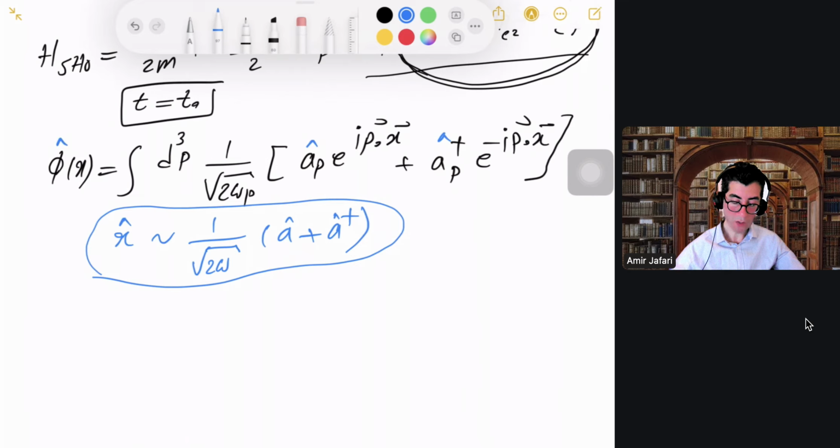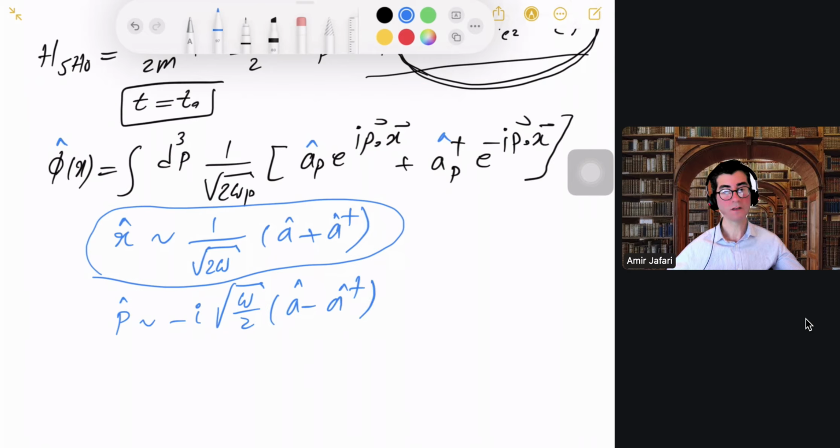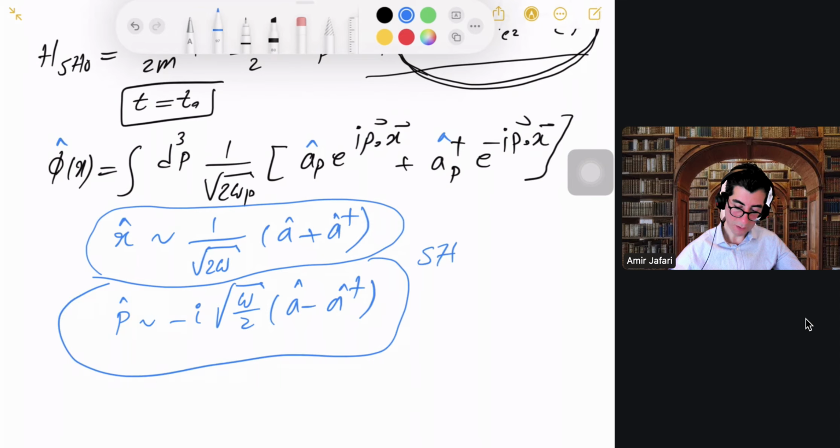And also, we had a momentum operator, which was written as minus i times the square root of omega over 2, times (a minus a dagger), the momentum of the simple harmonic oscillator. This is the simple harmonic oscillator in non-relativistic quantum mechanics.